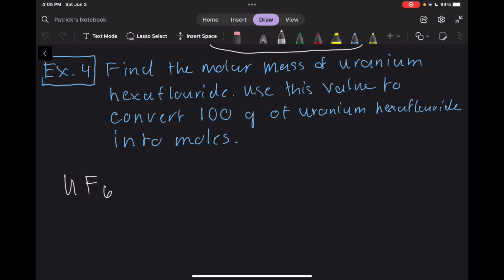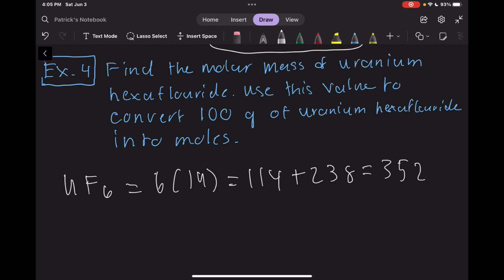Since there are 6 fluorine atoms, we do 19 times 6 to get 114. The molar mass of the overall molecule, then, is 238 plus 114 equals 352 grams per mole. On to the second part.